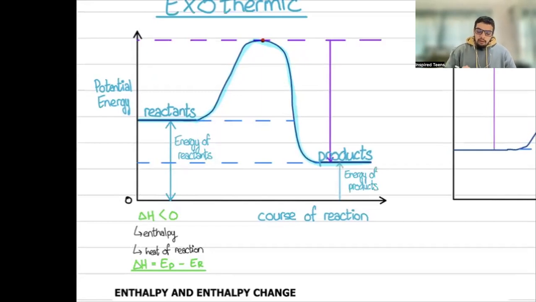Now, the second thing, we need to understand what's going on with this curve of this graph. We have an initial energy for the reactants. And then the energy increases until it gets to this maximum point, and then it decreases all the way down to the products.